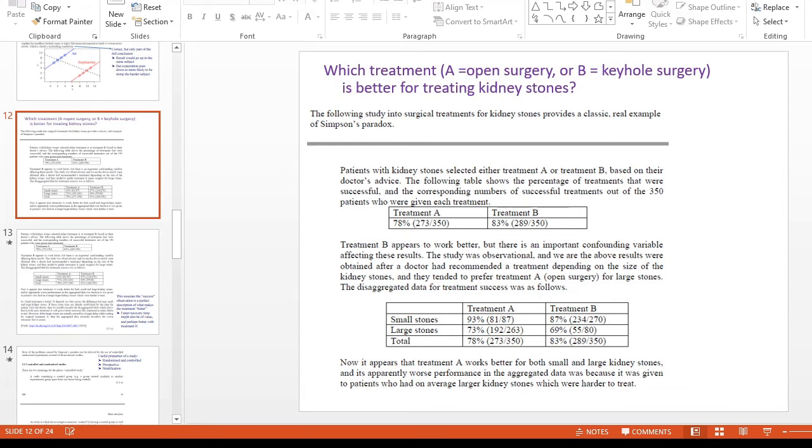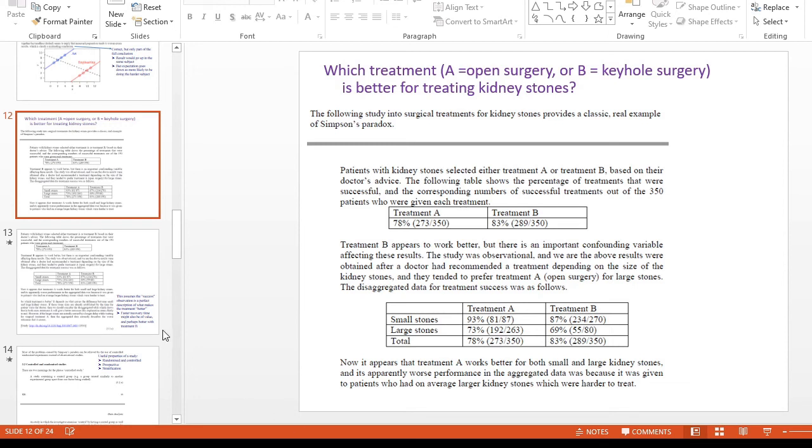In fact, treatment A gives a better outcome for patients who have either a small kidney stone or a large kidney stone, and this is what the authors of the study, who observed this Simpson's paradox in the aggregated data, realized.